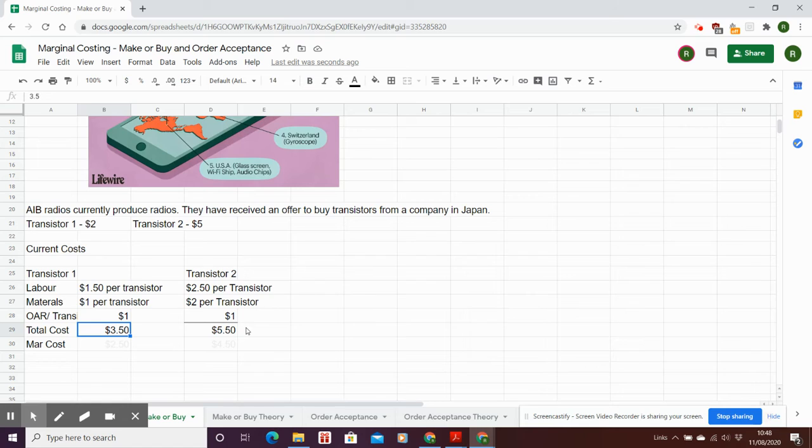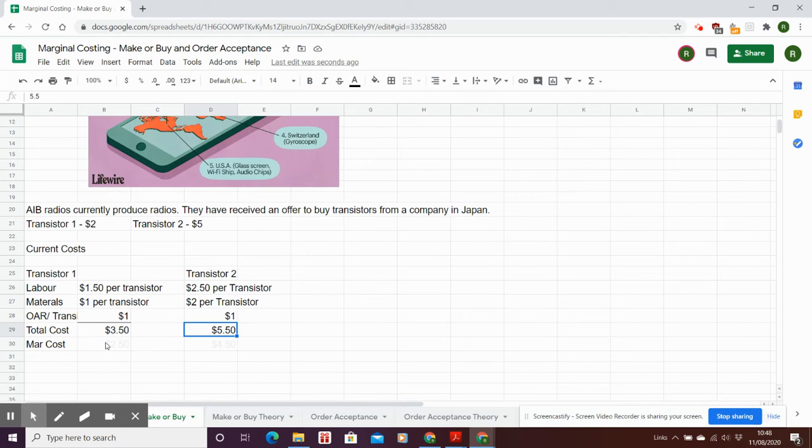Transistor 1 comes in at $3.50 to manufacture, and transistor 2 is costing the business $5.50 to manufacture. But on the face of it, both these transistors, therefore, should be purchased from Japan.